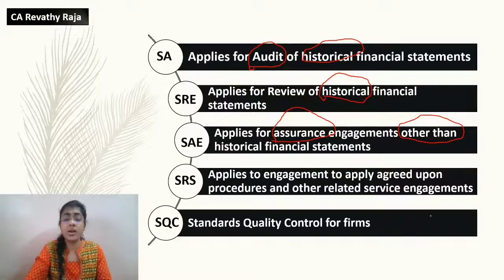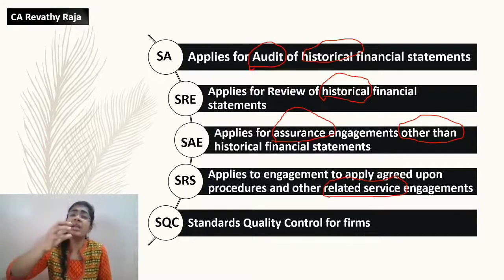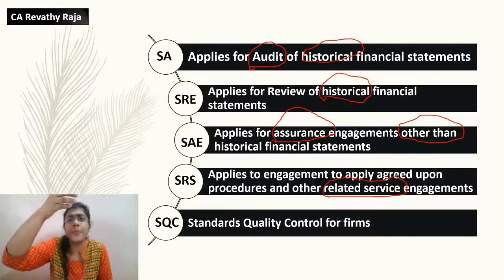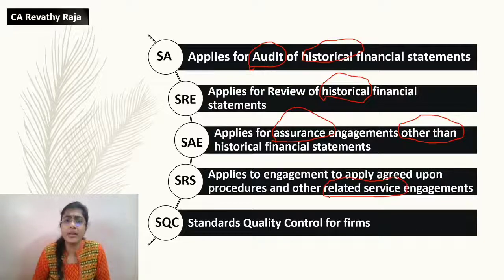Such engagements are called SRS. Okay, where you are not doing review, not audit, nor assurance. Some related services to financial information. For example, I told you about the compilation engagement, or you are doing some agreed upon procedure. Some kind of procedure, say a debtors list you are preparing for obtaining some kind of loans, or you are preparing the net worth of the company.